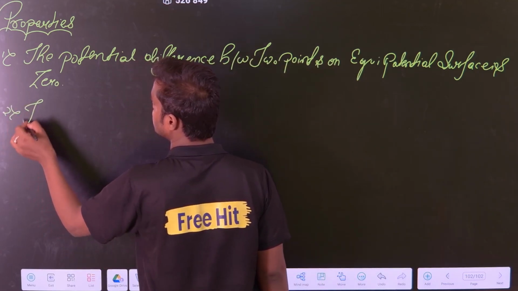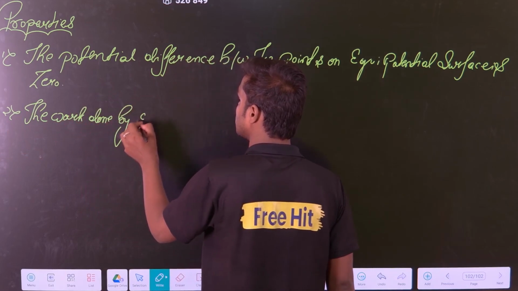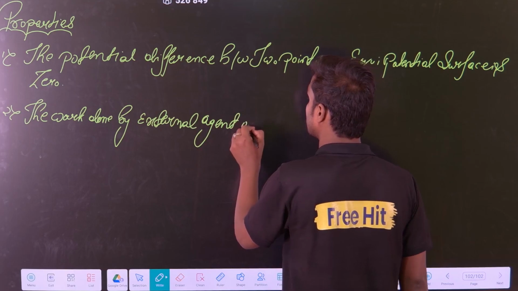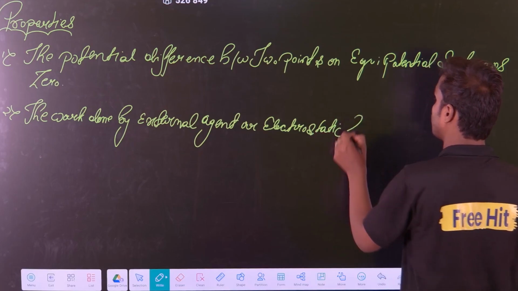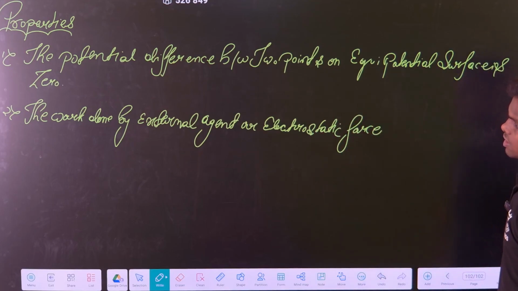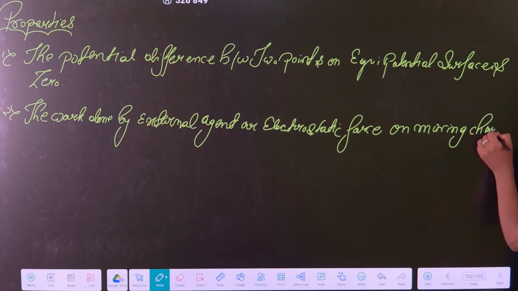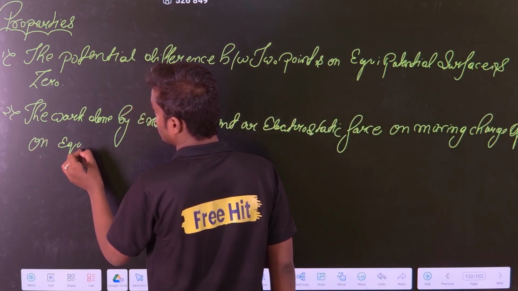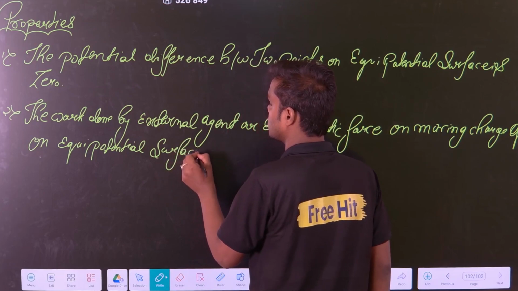Second thing, the work done by an external agent or electrostatic force on moving a charge q naught on an equipotential surface is 0.